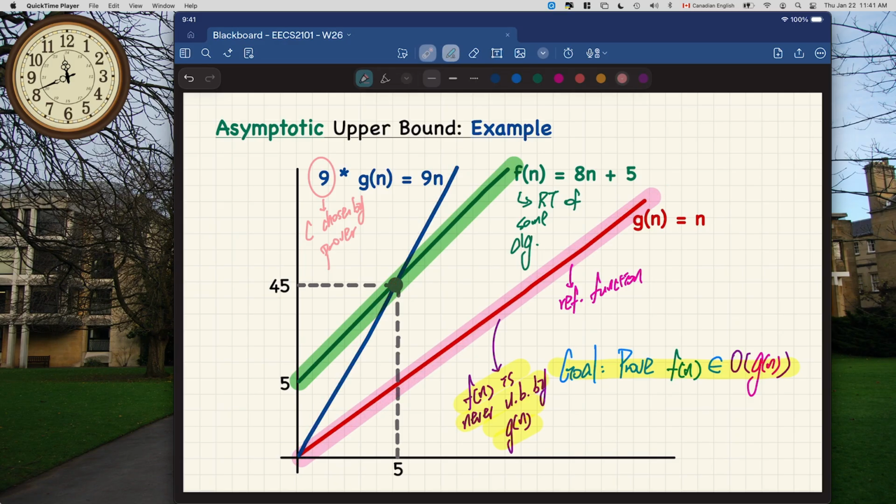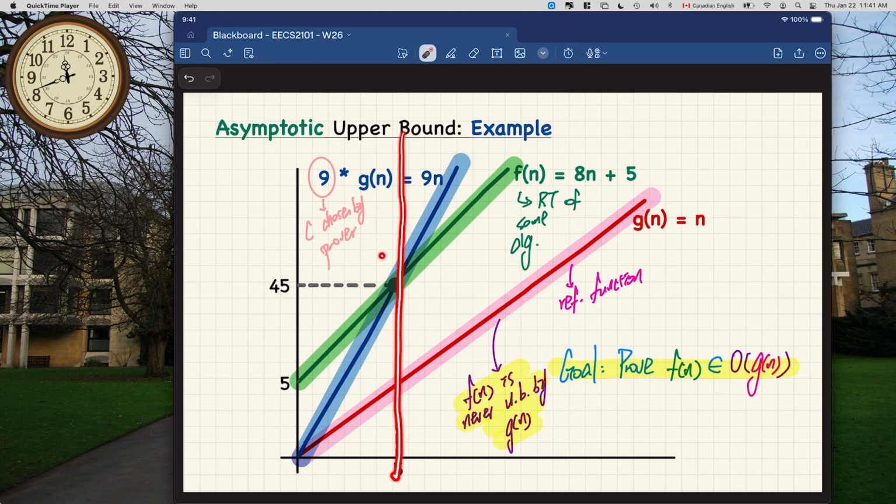So let's now highlight it. Now we can focus on this running time function and the modified version of g of n. However, the upper bound effect does not happen all the time. For example, if you look at just this part, this will be the cutting point. To the left of it, you can see that the green one, the running time, is never upper bounded by the blue one.